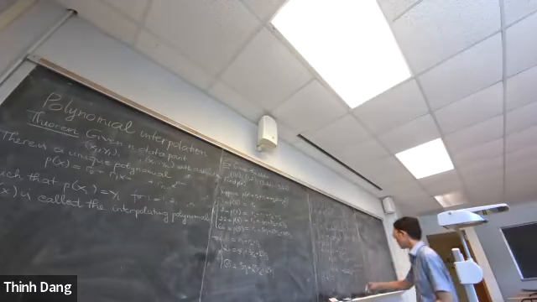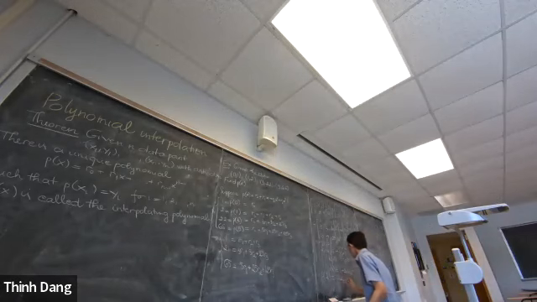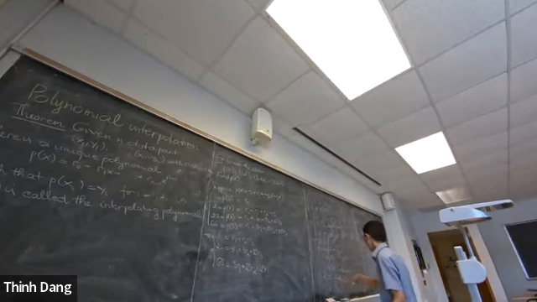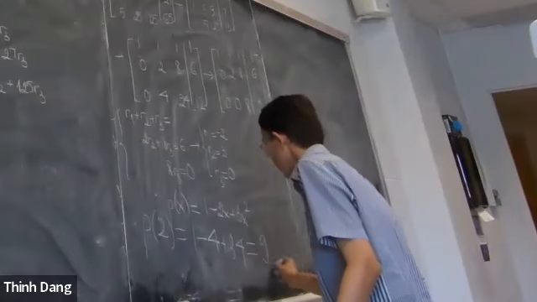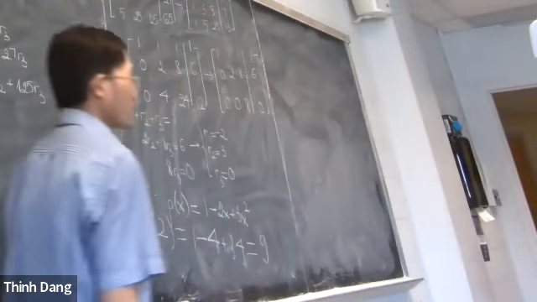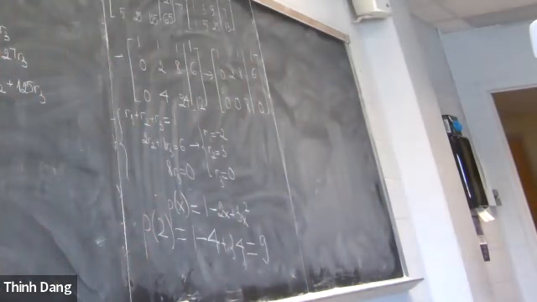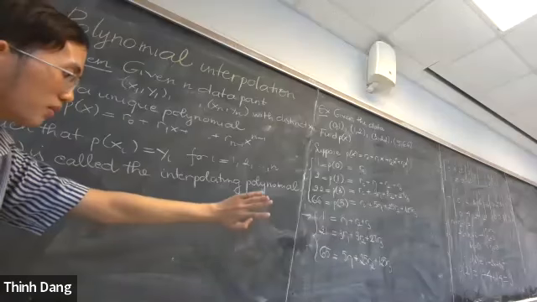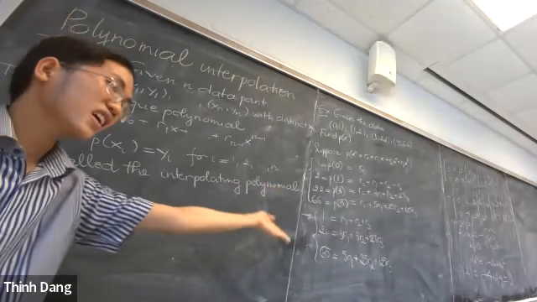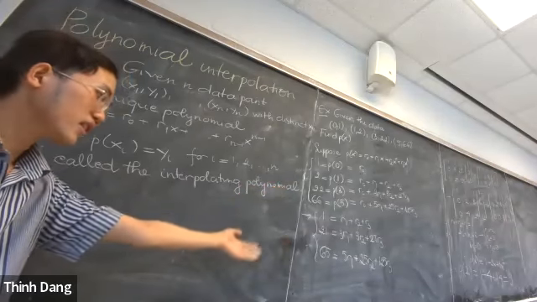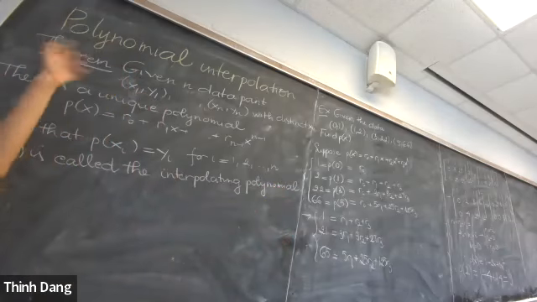If I plug 2 in, you should have 1 minus 4 plus 3 multiplied by 4, and this is equal to 9. So this polynomial suggests that where x is 2, the y coordinate should be somewhere near 9. That's how polynomial interpolation works.